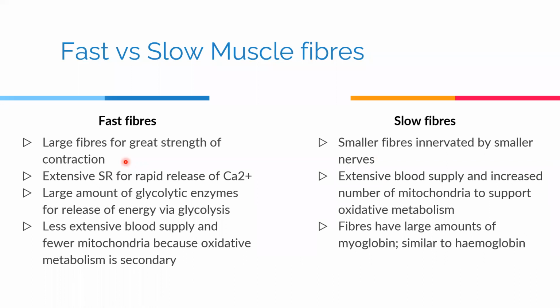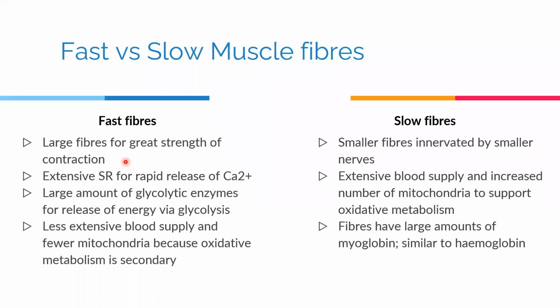Next, they also contain large amounts of glycolytic enzymes, which help in the release of energy via glycolysis. And this glycolysis is the main source of energy for fast fibers via ATP. But they have less extensive blood supply and fewer mitochondria because oxidative metabolism is secondary in fast fibers. Slow fibers, on the other hand, are smaller fibers which are innervated by smaller nerves.